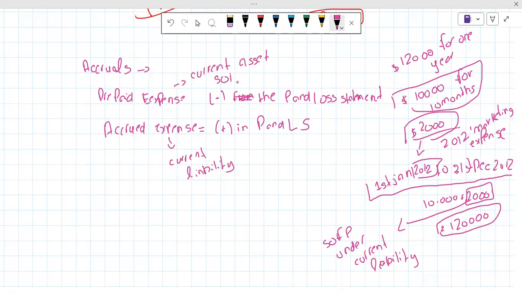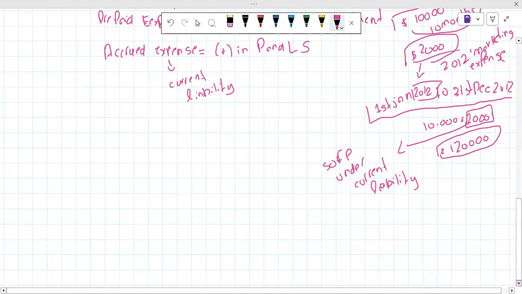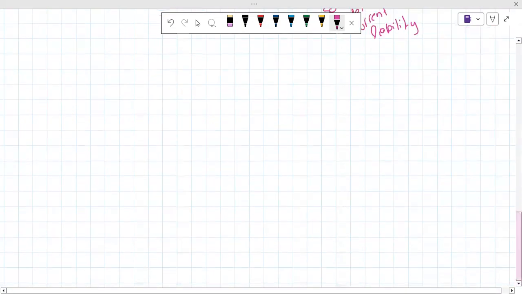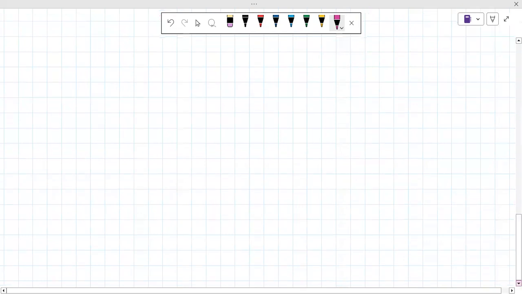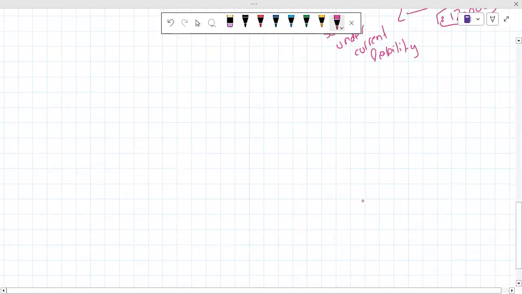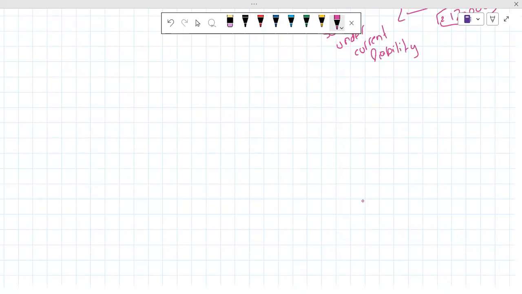Okay, so this is the main concept of accrual and prepayment. Okay, so sometimes there are not only accrued expenses and prepaid expenses.